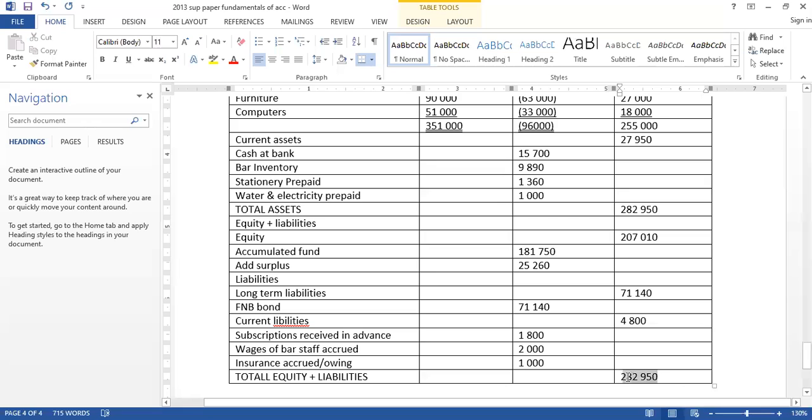That simply tells us that the information that we recorded is correct, and your total equity plus liabilities are the same as your total assets.